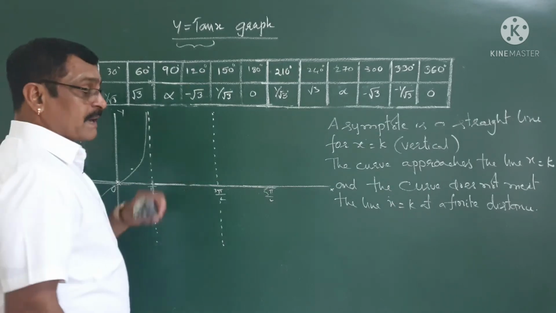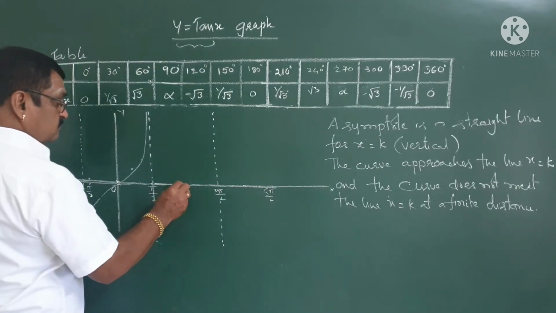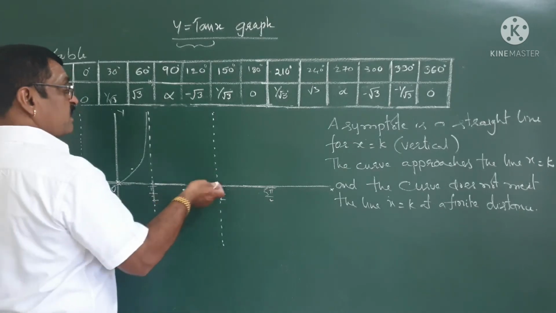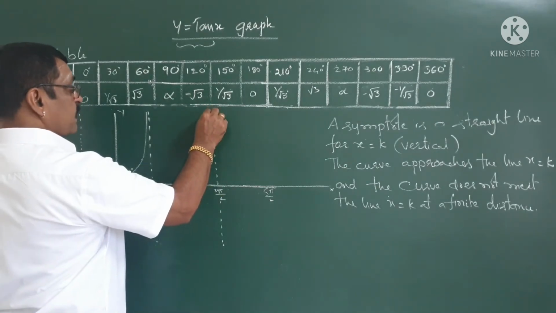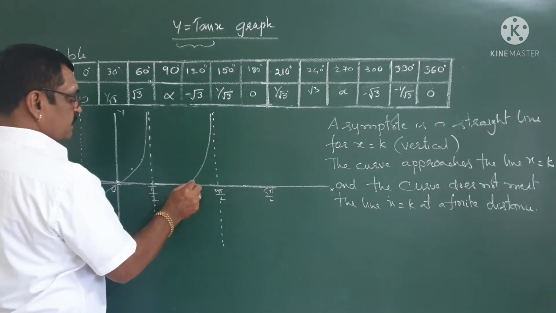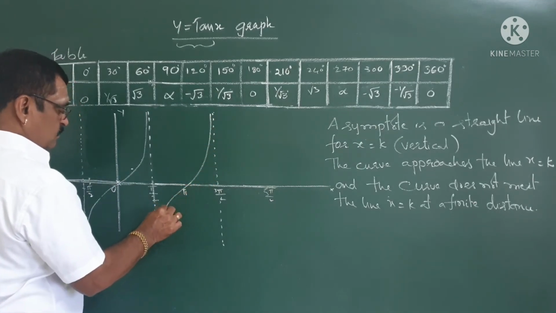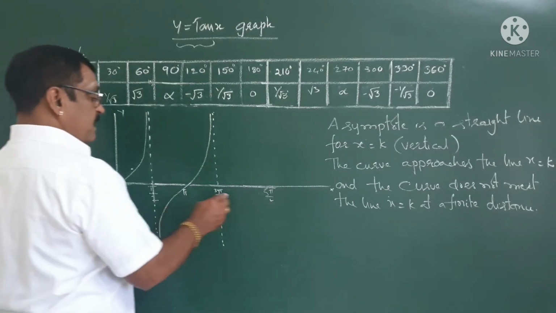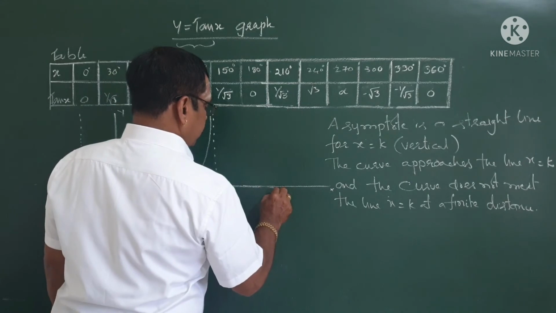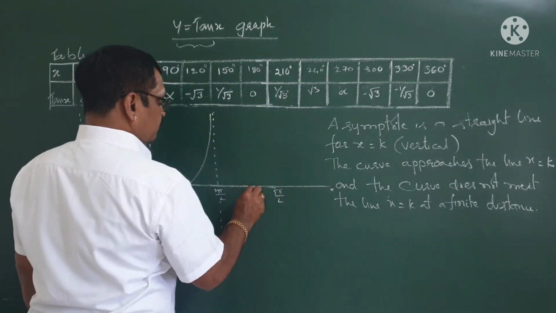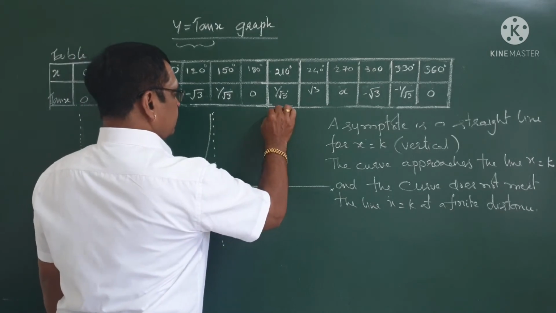Between pi by 2 to 3 pi by 2, again at pi it is 0. At 3 pi by 2, it has to approach infinity. So again the graph will be like this, infinity and coming down. The tan graph. And between 3 pi by 2 and 5 pi by 2 also, my graph will be like this. Same thing, at 2 pi it is 0.